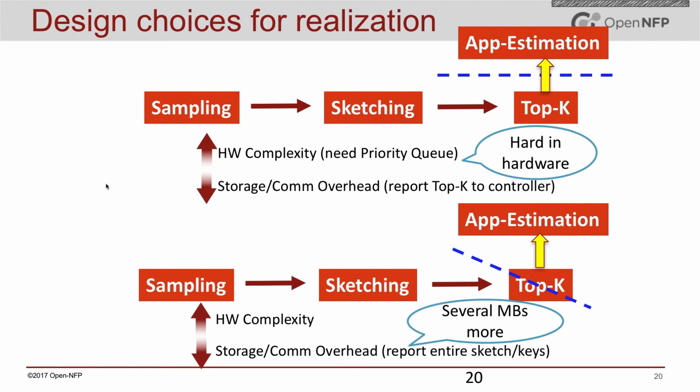Instead, what we did in practice was say, look, the communication cost is not that much more. It's only a few megabytes. So we would rather send you the raw counters and do the top K estimation in the control plane itself, rather than go through the pain of trying to implement this priority queue in the data plane hardware. So in fact, that is the realization for P4 that we had, where sampling and sketching run in the data plane, but the priority queue algorithm runs in the control plane, and we just take the hit of sending a few more megabytes of these raw counters into the control plane. And that's a conscious trade-off that we made.